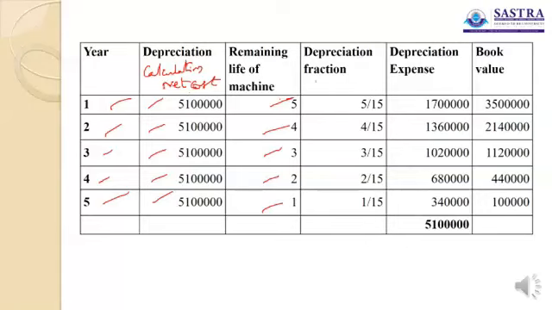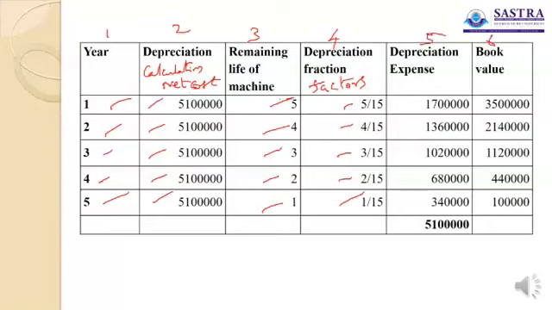Depreciation fraction or factors: 5 by 15, 4 by 15, 3 by 15, 2 by 15, and 1 by 15. And depreciation expense every year is 51 lakhs into 5 by 15.